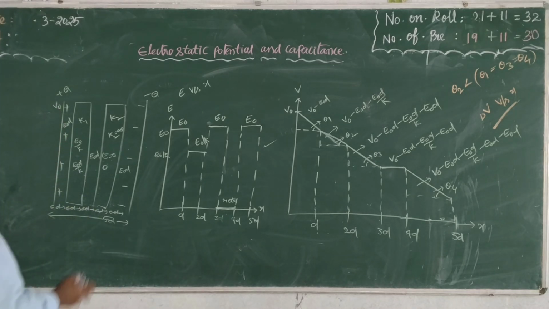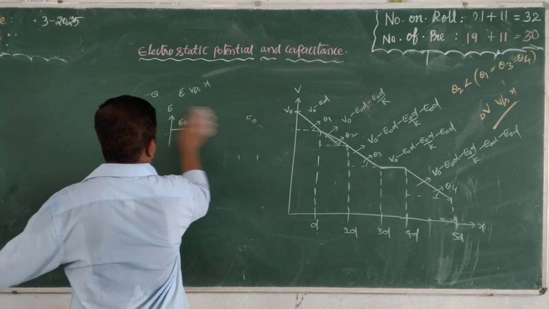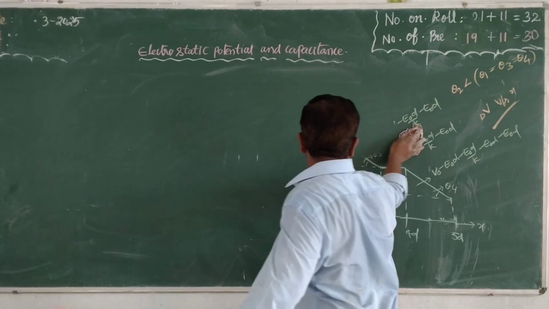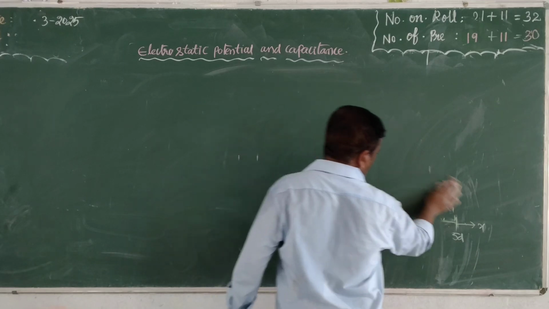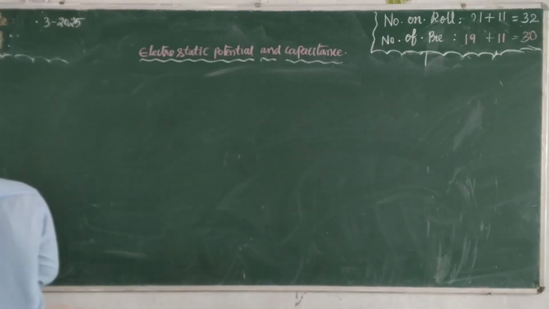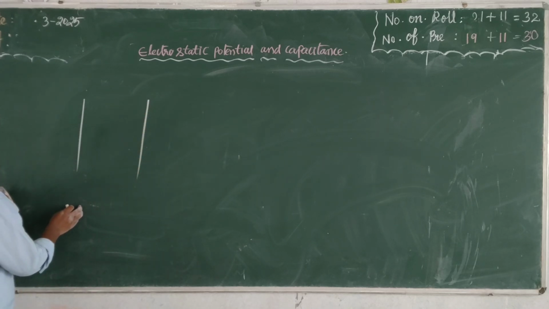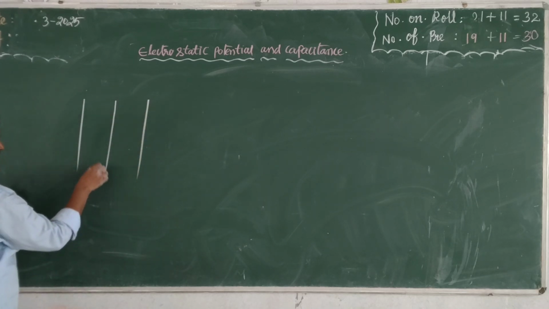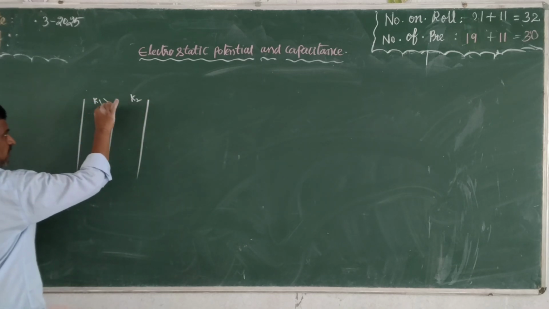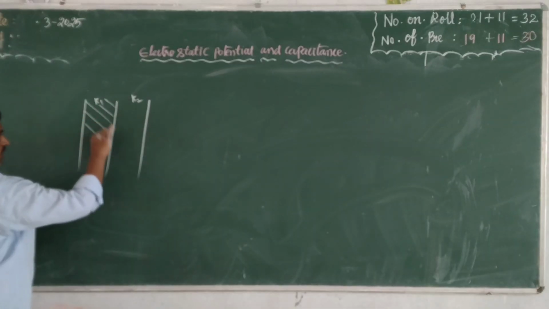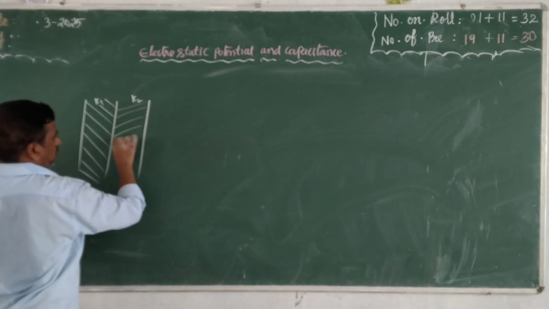So some problems are there, we can do that also. See, for example, a capacitor is filled with dielectrics. The first dielectric constant is K1, the second dielectric constant is K2.